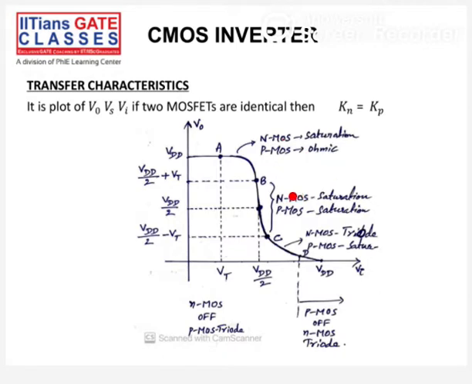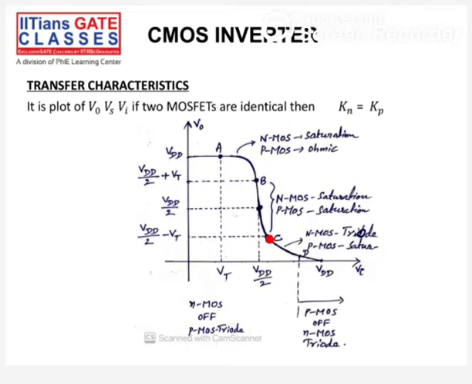Here we can see the 2 points B and C. In between these 2 points, both transistors will be in saturation. So if both are in saturation, the complete current IDS flows through both transistors, there will be maximum power dissipation, and it will be dynamic power dissipation. In the remaining cases, it is static power dissipation.